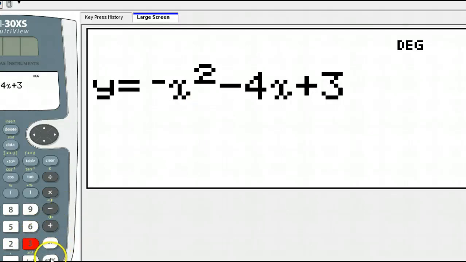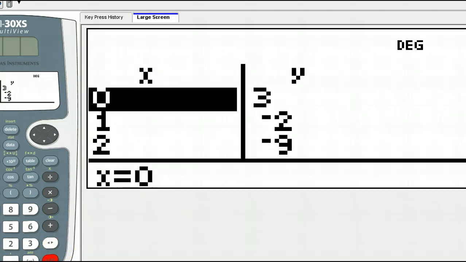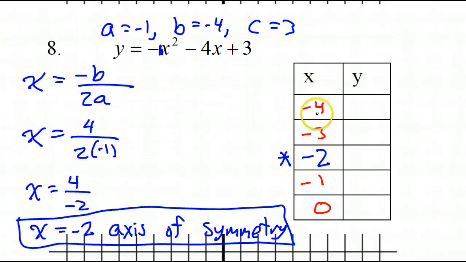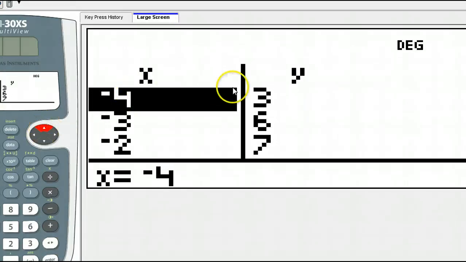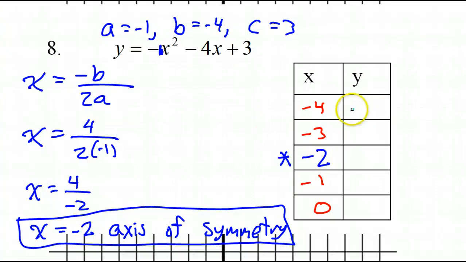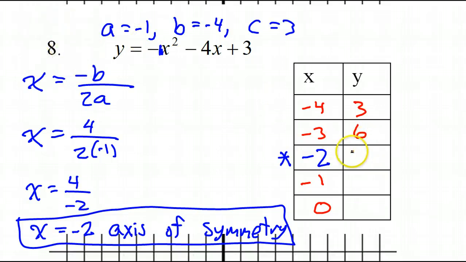Okay, I'm going to hit enter 5 times. 1, 2, 3, 4, 5. So that brings me here. Now remember, we're starting here with -4, so I'm going to scroll to -4. Okay, there it is. I got 3, 6, 7. I want to put that 7 in blue because it's a special vertex.